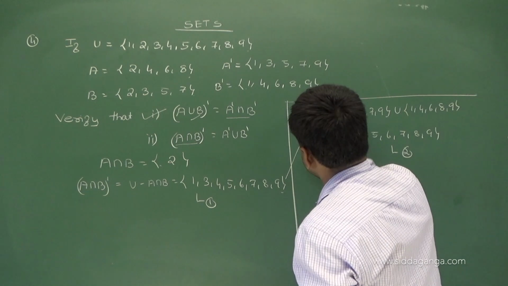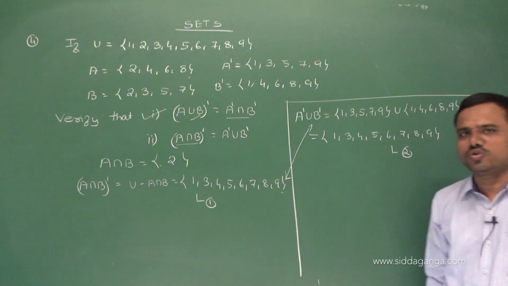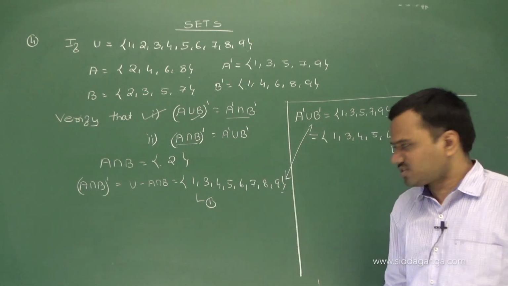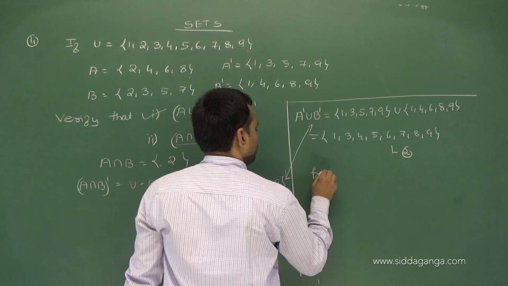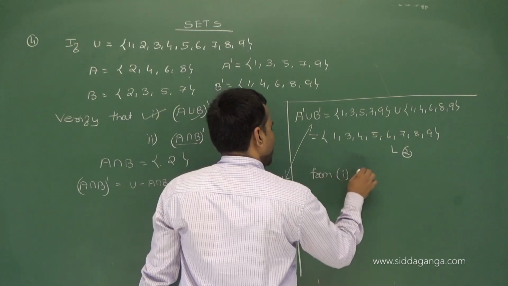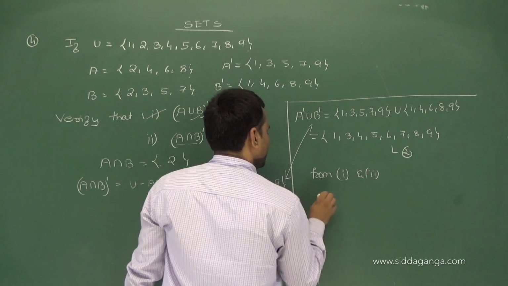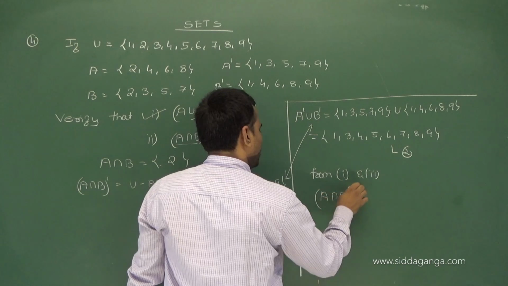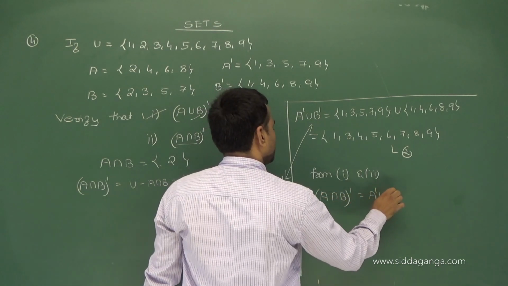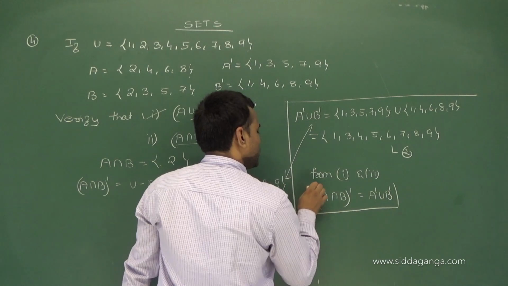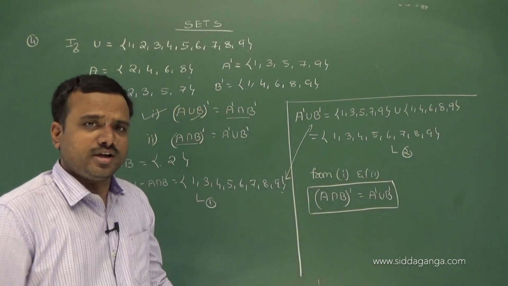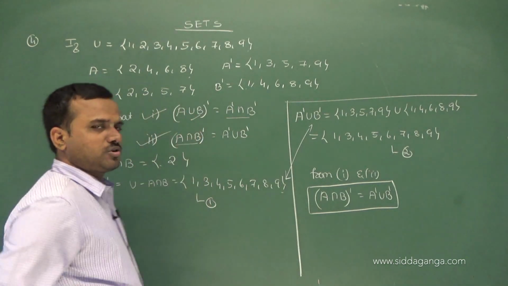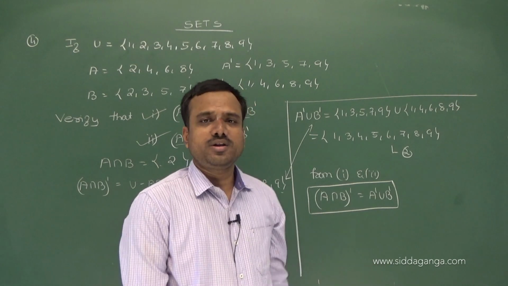So observe these two results. From 1 and 2, observe carefully, LHS and RHS are the same. From 1 and 2, A intersection B whole dash is equal to A dash union B dash.